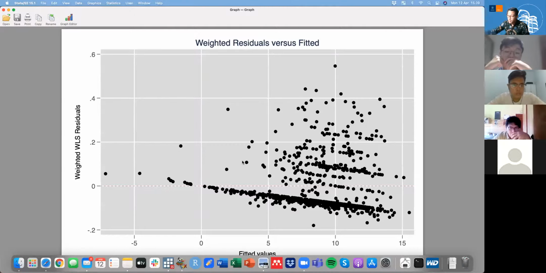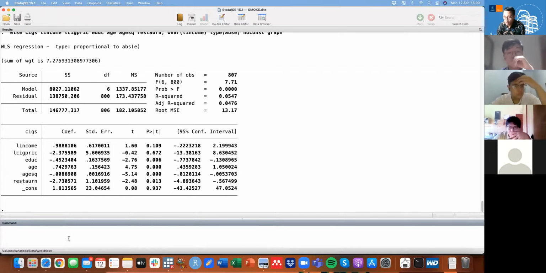As you can see, the residual doesn't seem to be homoscedastic. You can see that there are some points where the distribution is relatively narrow, but there is some portion where the distribution is relatively wide. So maybe we should explore the data more.